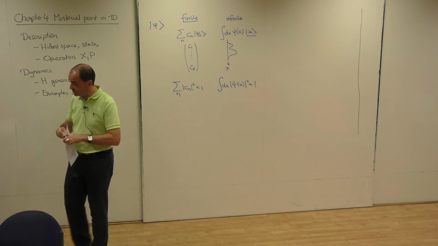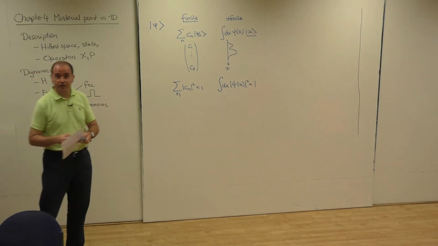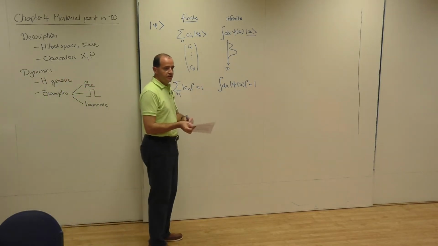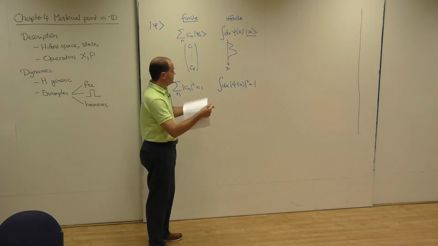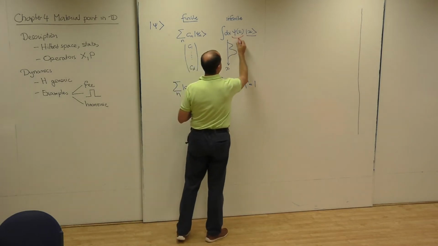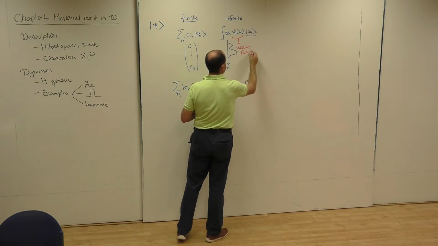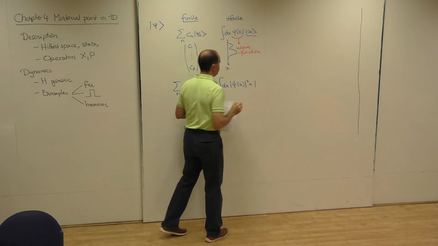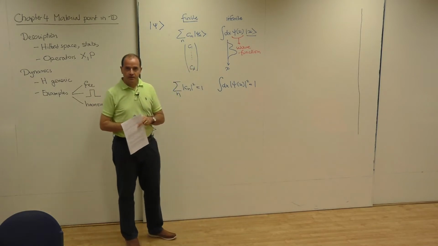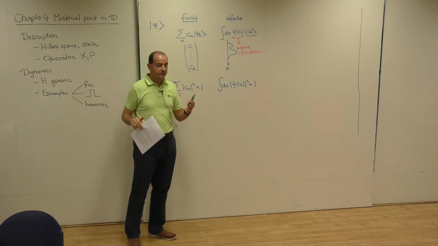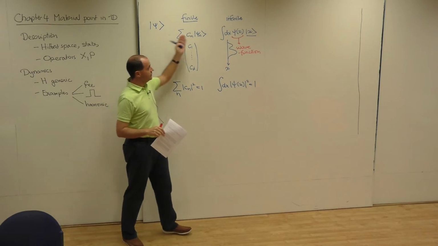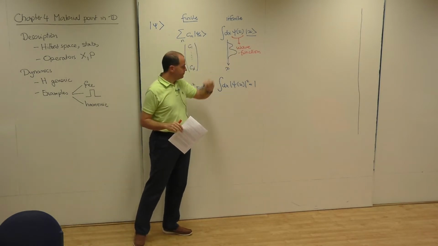Okay, so for historical reasons, because Schrödinger derived an equation that formally is a wave equation, this object is called the wave function. Good. So there is a one-to-one correspondence, I repeat it again, between the state and the wave function.